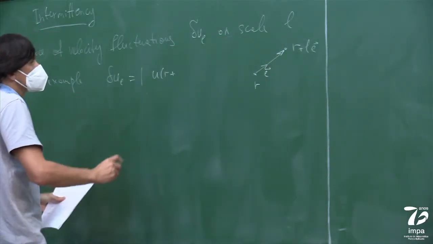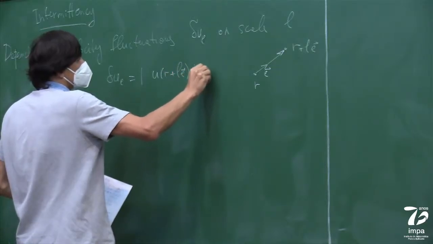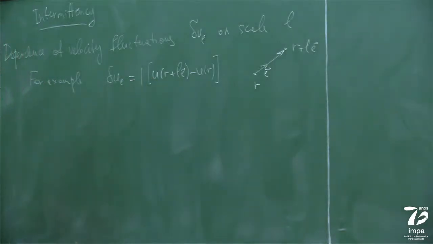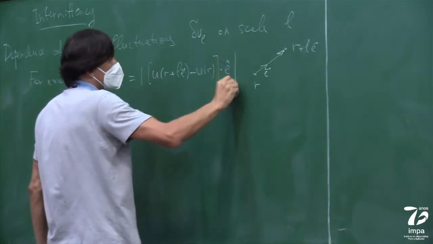So we take a difference between velocities and usually the typical quantity that you project on the direction. Take a modulus.